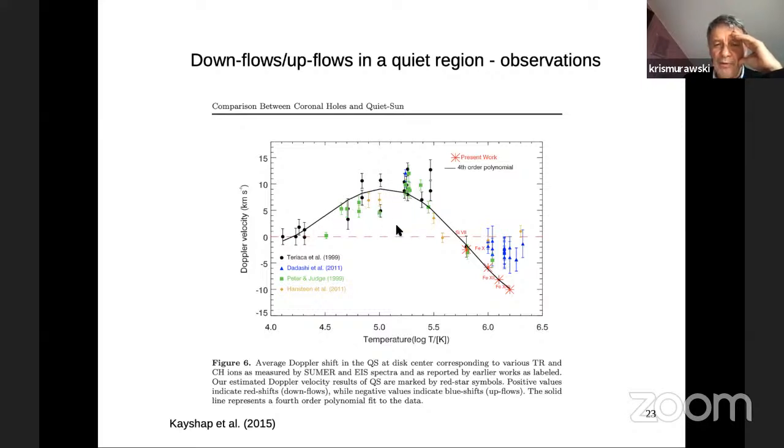So plasma flows downwards over here, and here it flows outward. That's okay, because we want to have the solar wind. So the solar wind somehow originates around this point, around this region. And that's the data of Keisha et al.